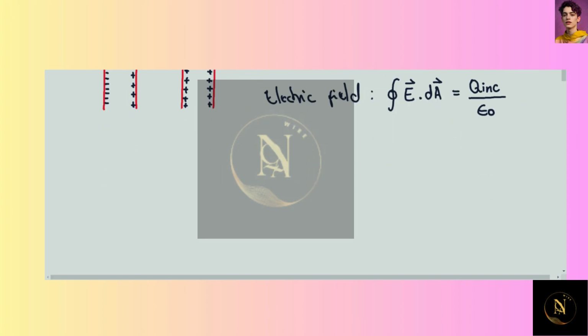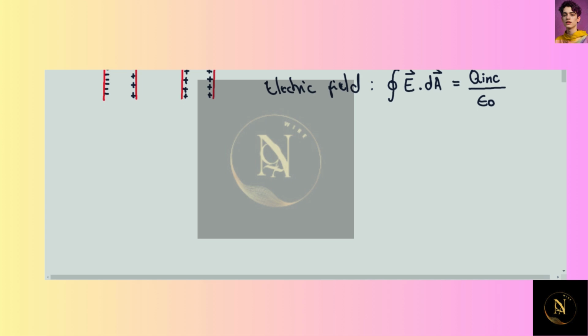To get an idea of what this is, we're just going to draw. Suppose this is an infinite plane, or sheet, as you want to call it, that is positively charged. To obtain the electric field, we use Gauss's law, which tells us that we need a Gaussian surface.